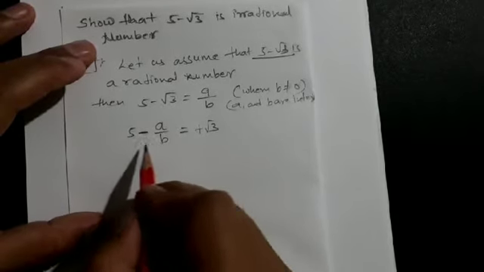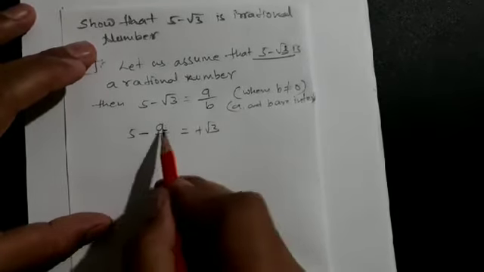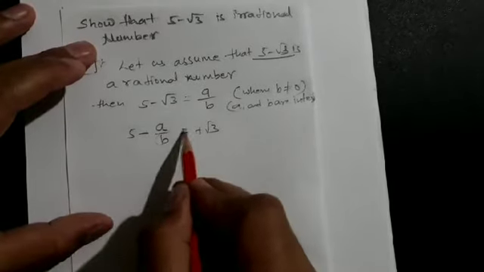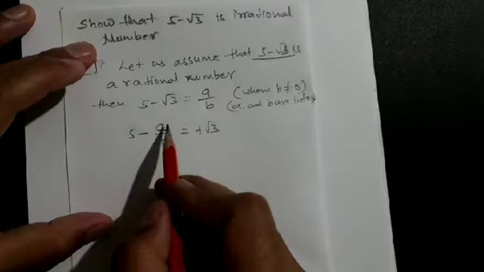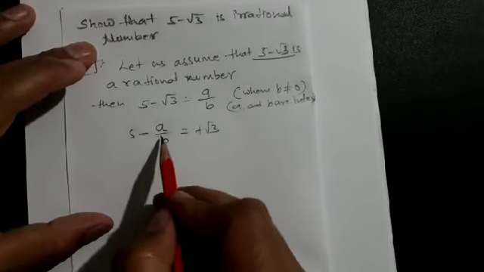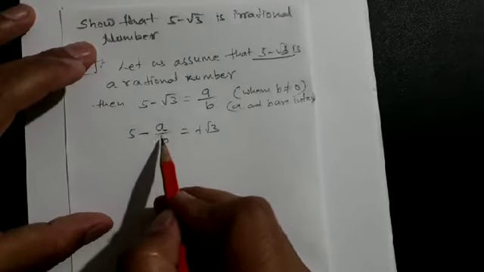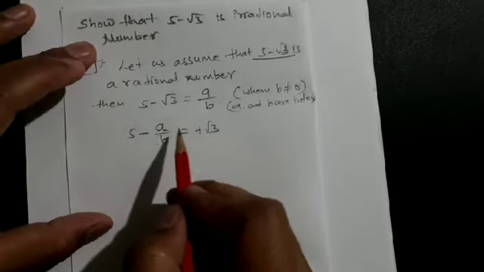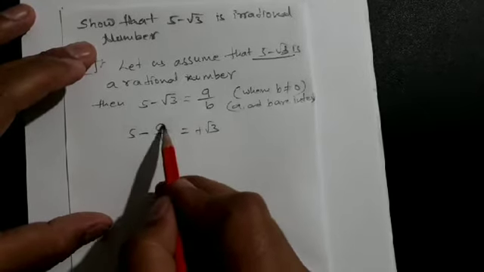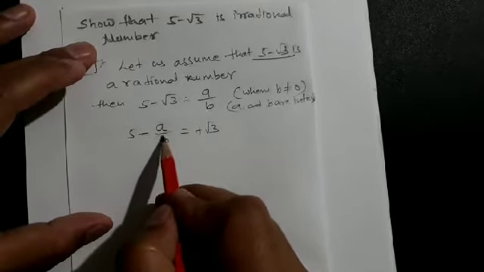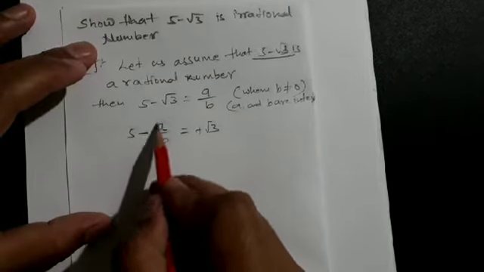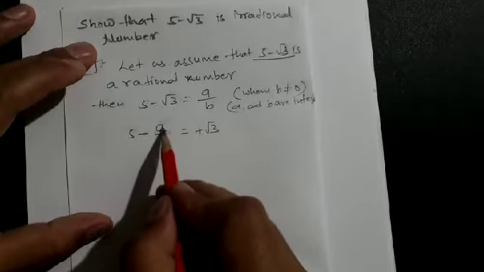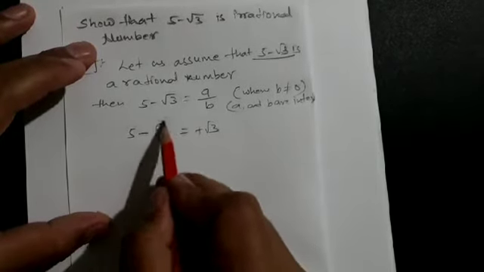Now pay your attention. What is happening here? 5 is an integer, a is an integer, b is an integer, and this equals root 3. If we divide two integers, our answer will always be rational.